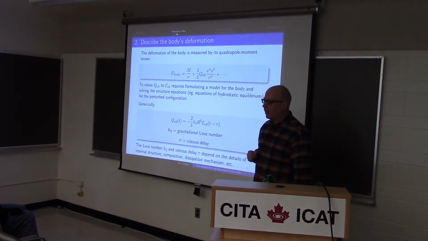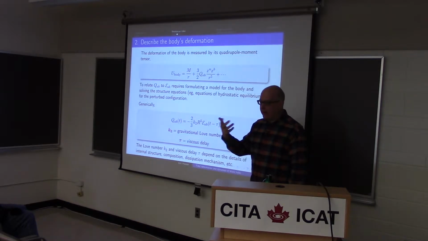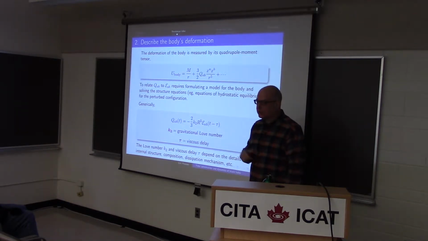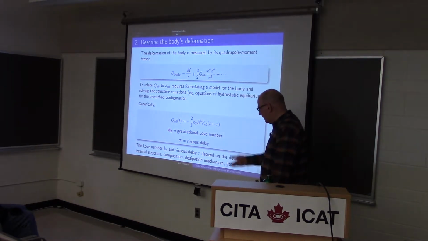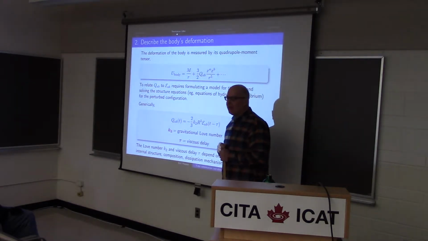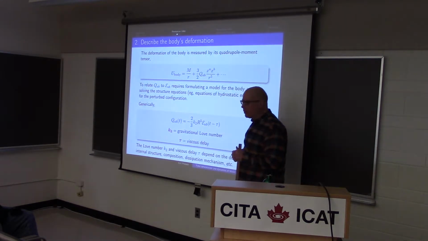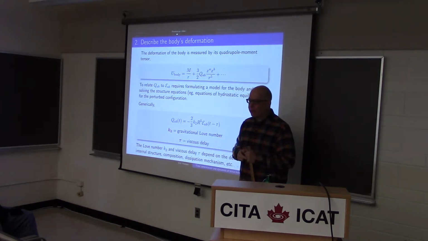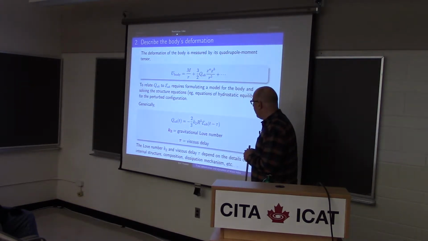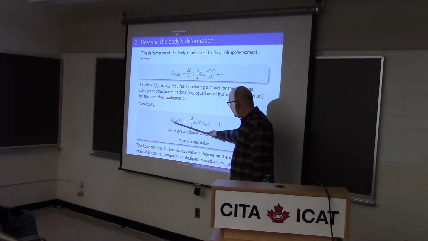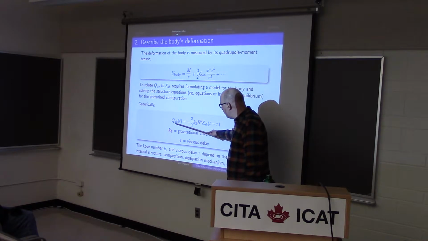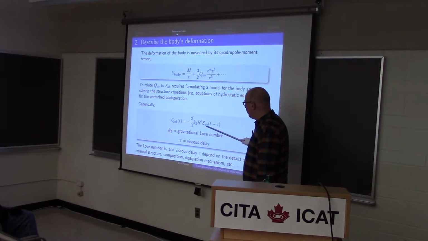You have to decide what the body is. You have to define its composition, its stratification, all of those details, the dissipation that goes into that. But whatever you get, at least in simple situations where the body is an isotropic fluid or something simple, in every case you will get a relationship like this, which is basically just a linear relationship between the deformation and the applied tidal field.